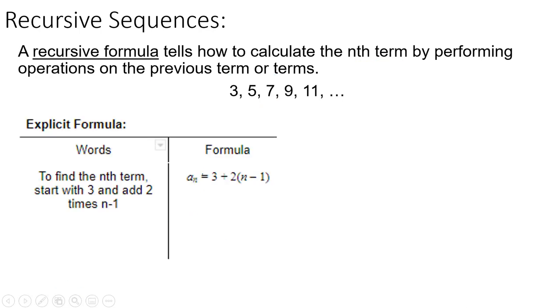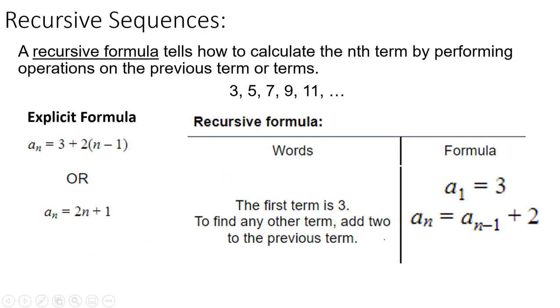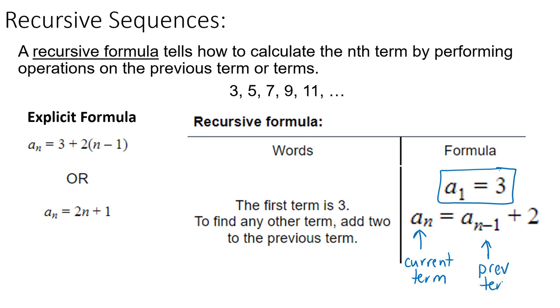Now, before we've written a formula like this, or some of you read it like this, that's an explicit formula. A recursive formula says start with 3 and then to find the current term, take the previous term and add 2 to it.